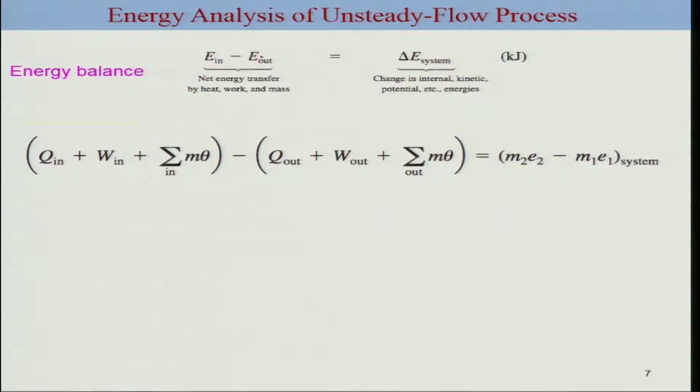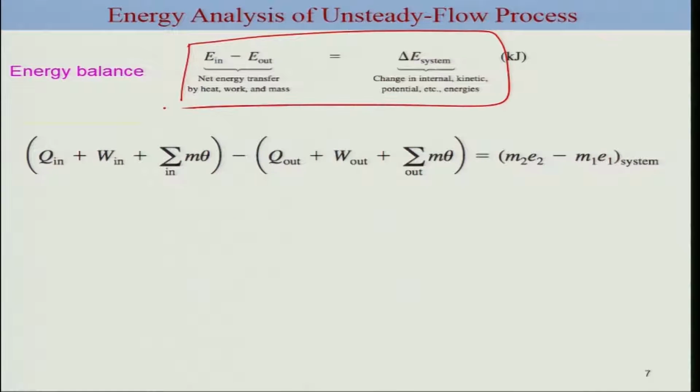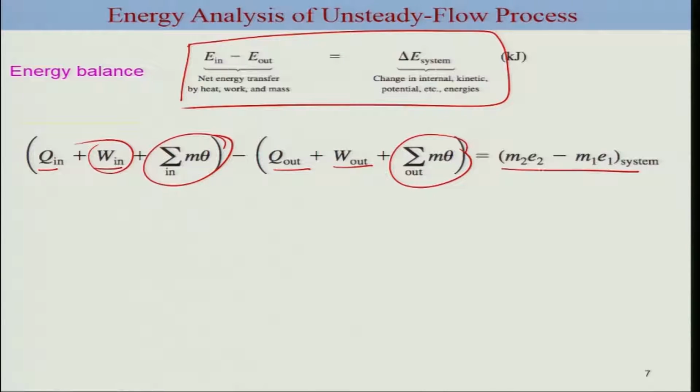So here we consider Q in plus W in, any work interaction or heat transfer to the control volume, plus the energy of the flowing fluid at the inlet, minus Q out plus W out plus the energy of the flowing fluid at the exit. This should be equal to the change in the energy of the system, which includes internal energy, potential energy and other energies.